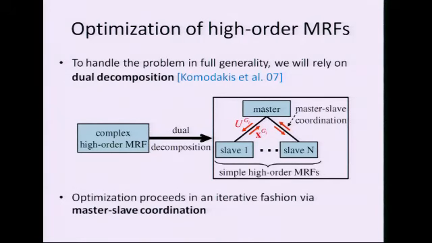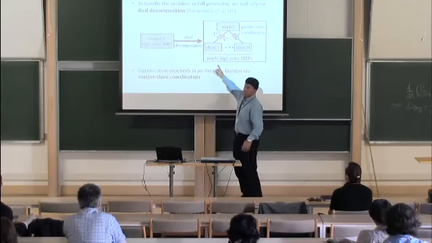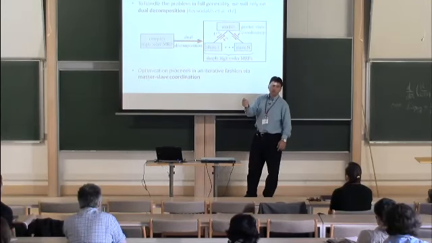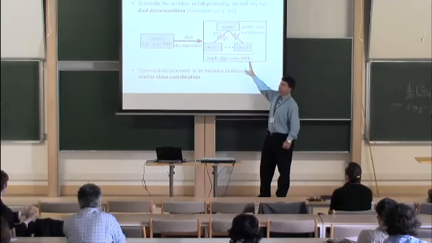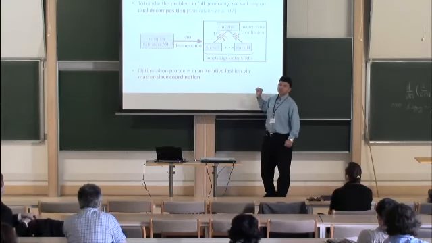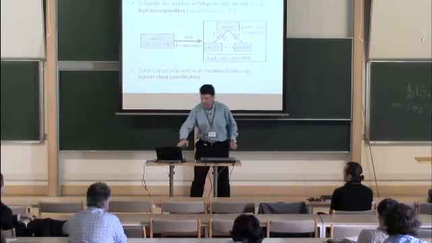So you get a solution, you send it back to the master. The master changes the energy using the dual principle, sends it back to the slaves, and you keep iterating. Then every slave converges to its own solution, and this solution will be consistent across all slaves, and you have a guarantee that this solution is also a good optimum of the global problem. That's the idea.